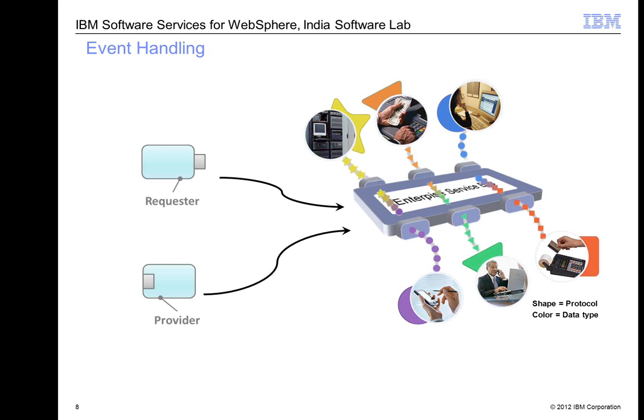And it can happen in different scenarios. For example, the requester application, the application which requires the information, can send an event to the enterprise service bus informing it that it is ready to consume the data. Similarly, the provider application can send a notification to the enterprise service bus informing that it is ready to provide the data.